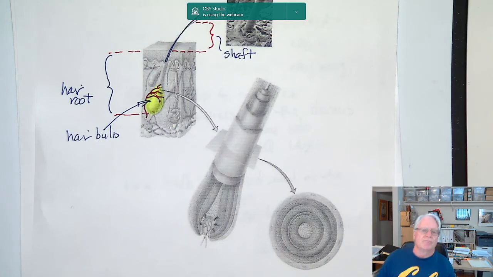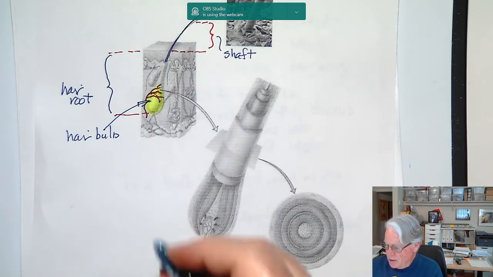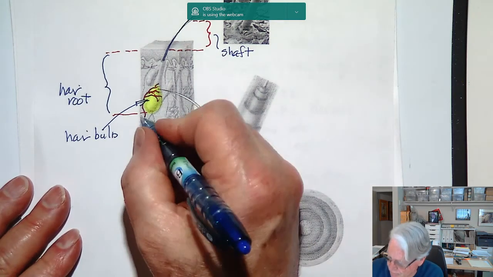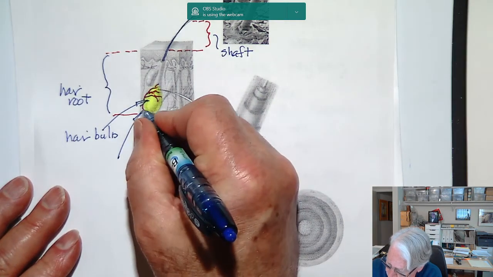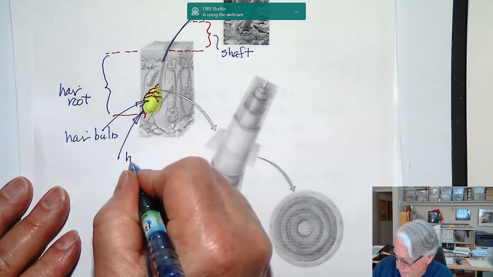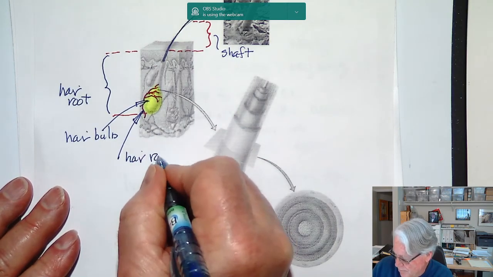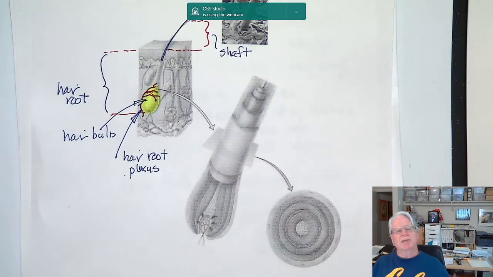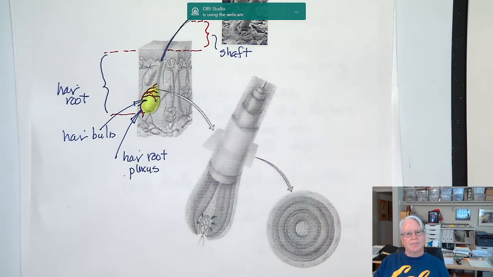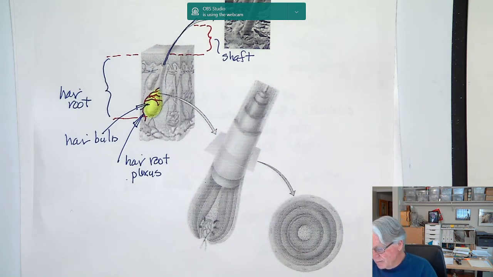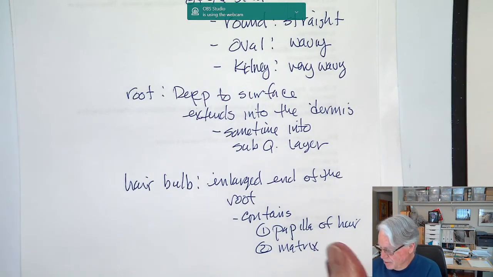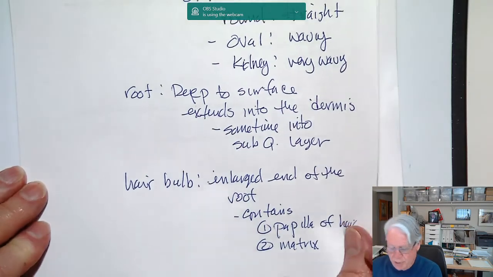Okay. And those are called the hair root plexus. Okay. So let's add that to our list. So we have the hair bulb, and then we have the hair root plexus.